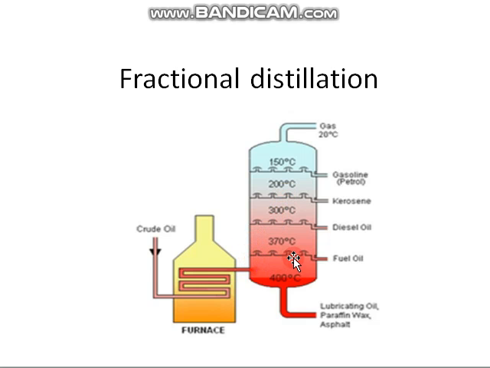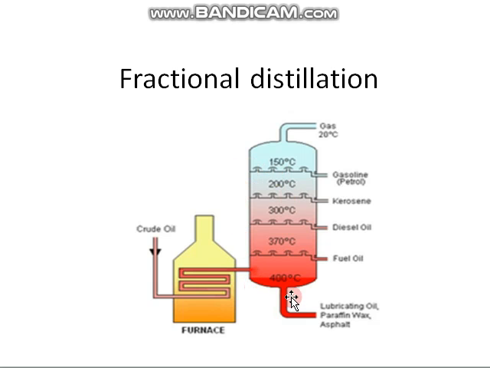The various components that we see are gasoline or petrol, kerosene, diesel, fuel oil, and lubricating oil. Here are the temperatures at which they boil, and as they pass through at that temperature, they are condensed into that particular product.